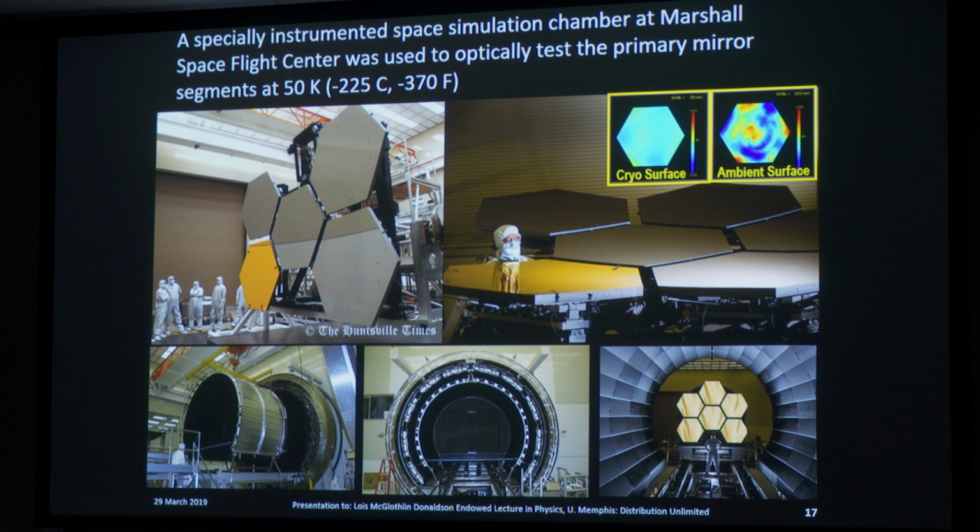And we took many years to do this through many iterations to finally achieve this result, where this is the ambient shape that we polished in, and this is the desired shape at the operating temperature. And so this was a new achievement and one that we've been successful at.